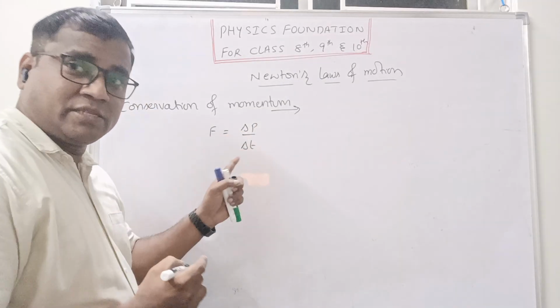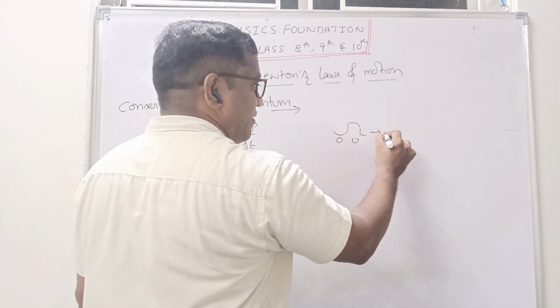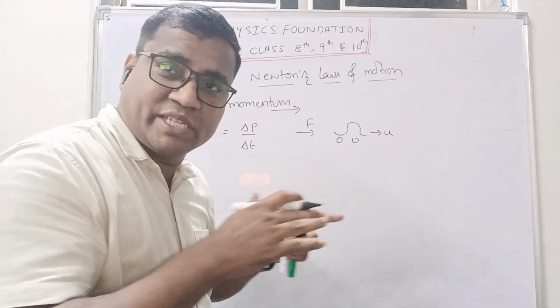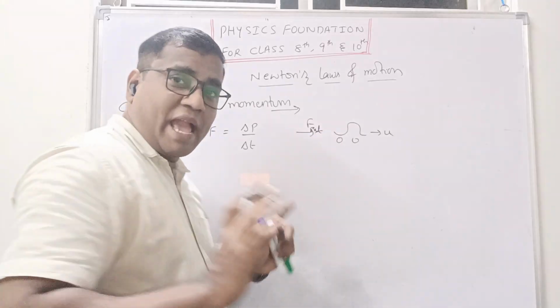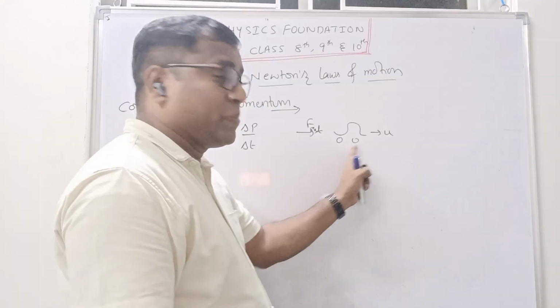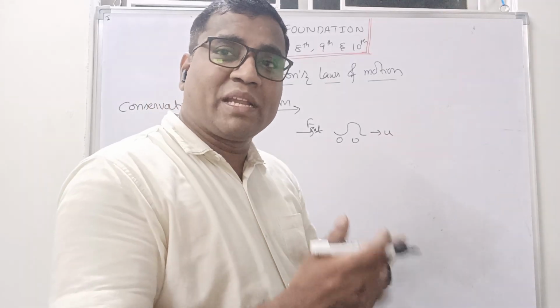We already saw one example: a car is moving with some velocity u. Some external force is applied. Due to this external force, the speed will change, and due to the change in speed, momentum also changes.